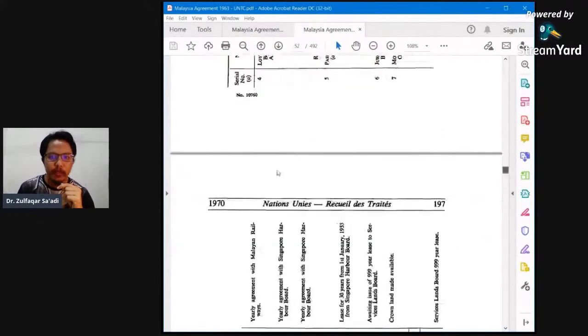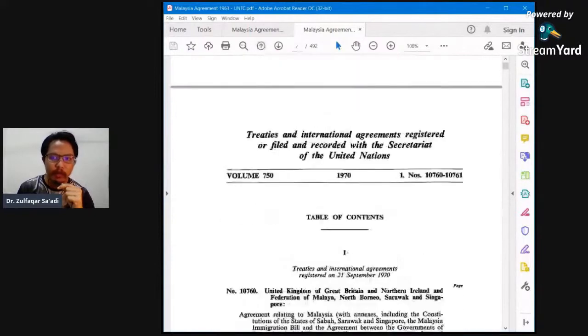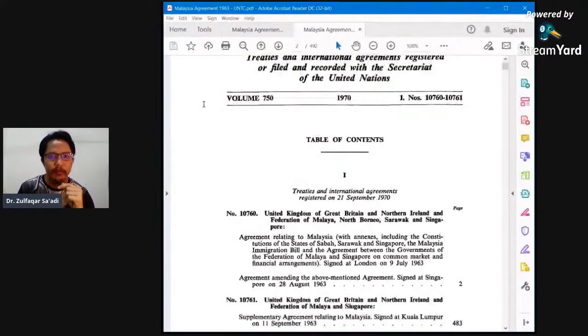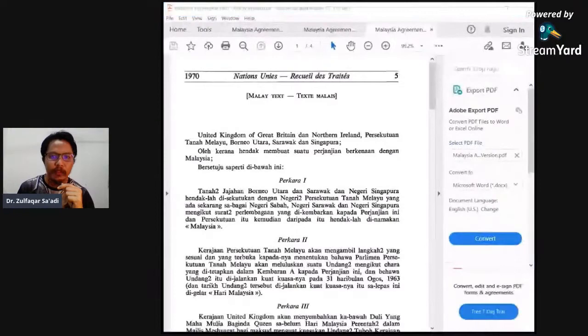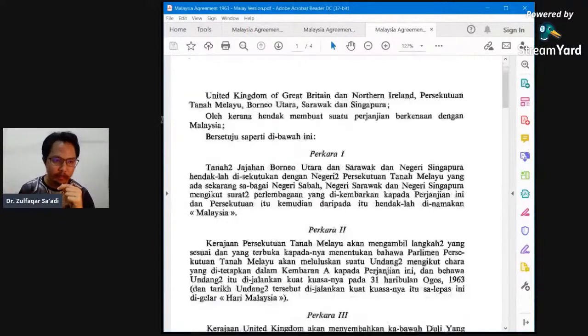The number of the document is volume 750. The number of the document is 10760. Okay, this is the Malay version of Malaysia Agreement. You see here, Malay text. So if you don't know how to read English, there is no excuse for you to not understand Malaysia Agreement. There is Malay as well. Malaysia Agreement is written in Malay, but the annex is not in Malay.